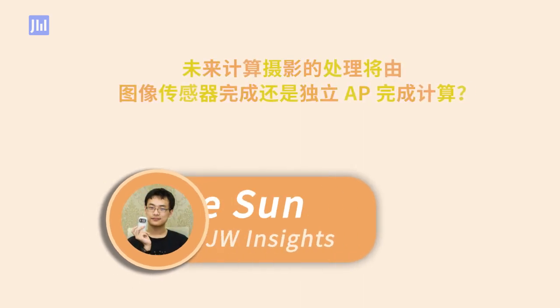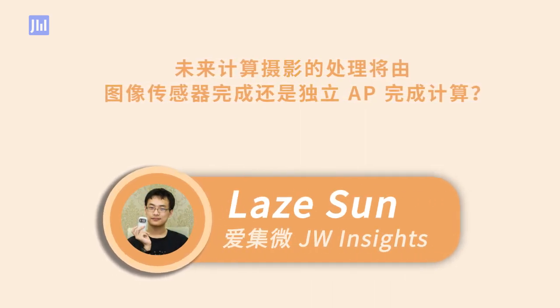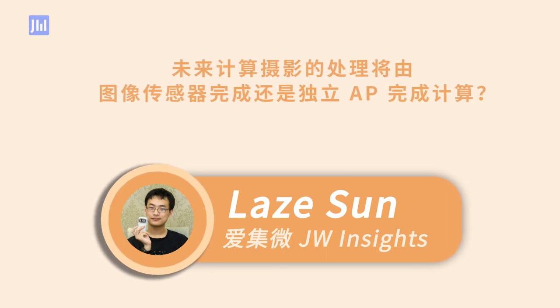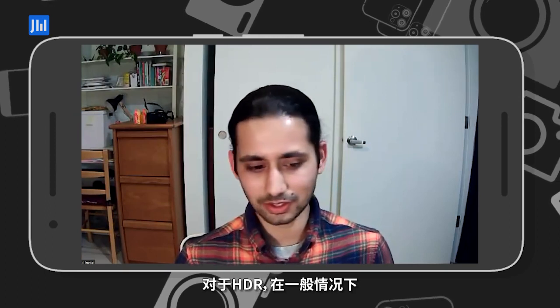In the future, will the processing of computational photography be completed by image sensors on-chip ISP or by independent APs? For HDR, or even in general for any computational photography algorithm, right? You can imagine implementing it in a few different ways.